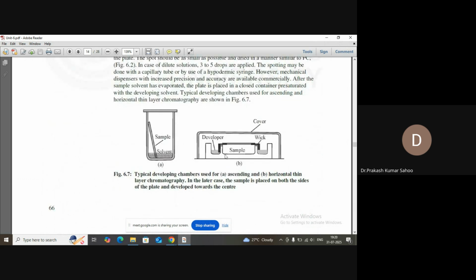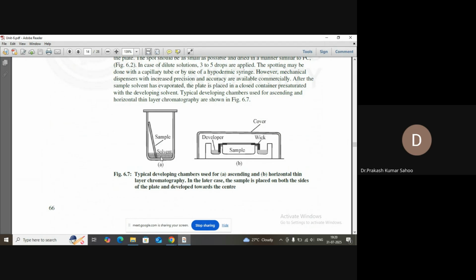Then this is the way, and like paper chromatography, this is also known as the chromatogram. We have a glass chamber covered with a lid, and your TLC plate, that is the thin layer chromatography plate, which acts as the stationary phase after the uniform spreading of the slurry of generally silica gel of different mesh size.